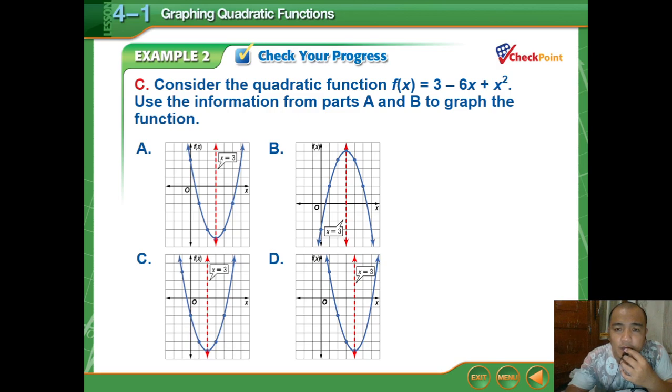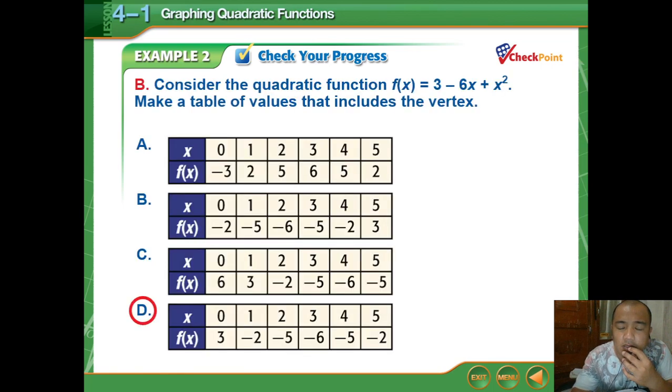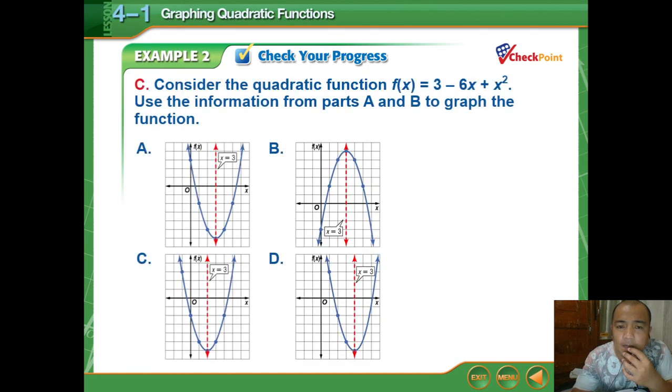Next, consider the quadratic function f of x equals 3 minus 6x plus x squared. Use the information from parts A and B to graph the function. The vertex is 3, negative 6, from the previous example. This is a parabola that opens upward because a is positive.